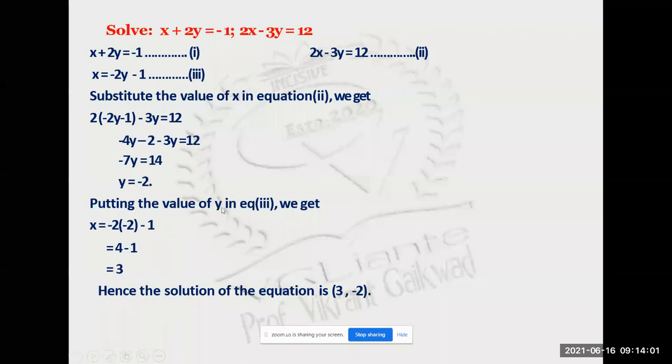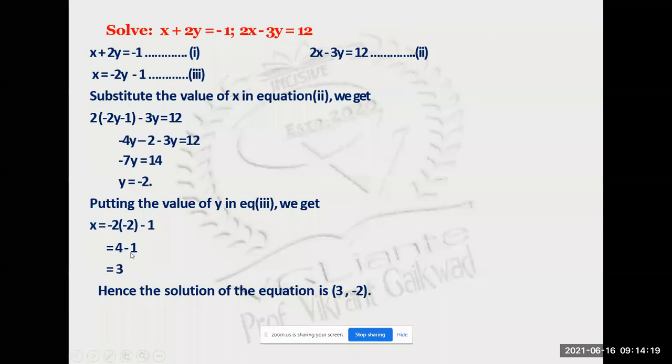Now putting the value of y in equation 3, we get x equals minus 2 into minus 2. Now this minus and minus is going to be plus, so you get plus 4. Minus 1 will come as it is.